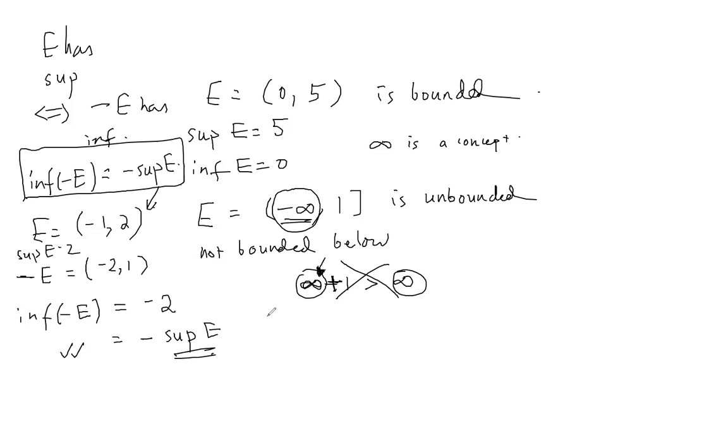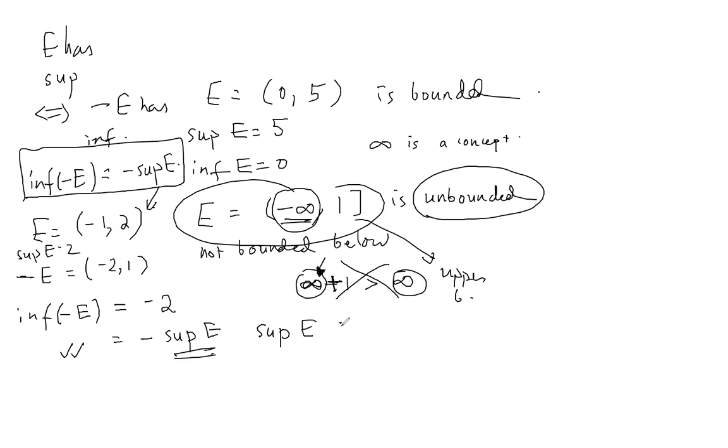It's just that it doesn't have an infimum. Oh, so a set can have a supremum, but sometimes not an infimum, and vice versa. Yeah, that's right. If you look at it carefully, it says unbounded, right? Unbounded means it has to be without an upper and lower bound together. In this case, it still has an upper bound, right? Yes. So you can say that sup E here is 1, but infimum of E does not exist, okay? Okay, all right, thank you.